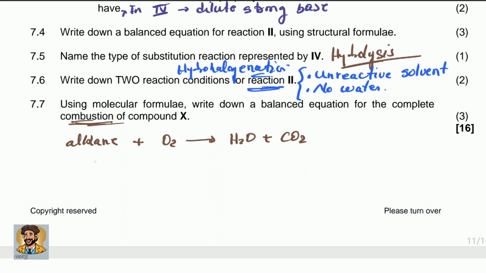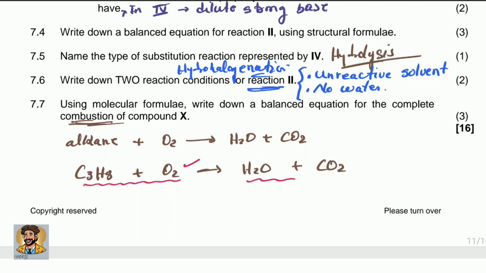In this case, we have compound X, which is propane. Propane is C3H8, plus O2, and this will give you H2O, CO2. If you do that, you'll get already 2 marks. You'll get 1 mark for the reactant, and you'll get 1 mark for the product. It's simple. The rest is to balance the equation.